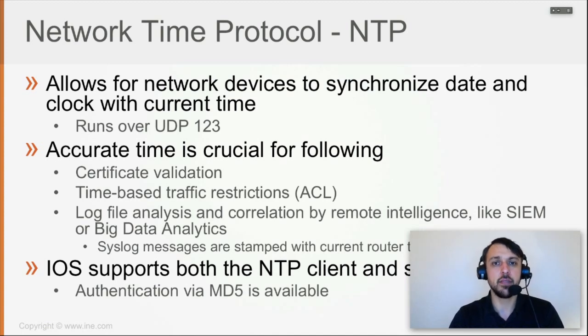So a stratum level defines the accuracy of a time source. And the lower the stratum level, like 0 or 1, it means that the more accurate the time source is. And on any kind of network devices in general, you cannot configure a stratum level of 0 or 1, which is the atomic clock, because that's a very accurate time source, and the network device lacks the proper hardware to be able to perform as a stratum 0 or 1 accurate time source.